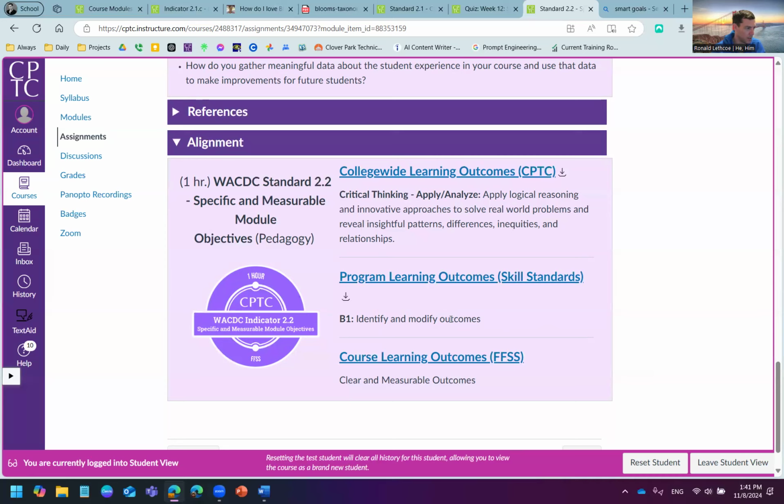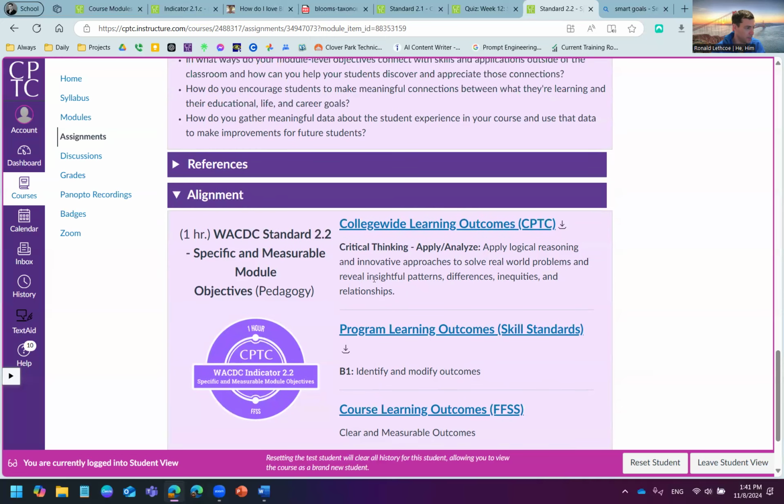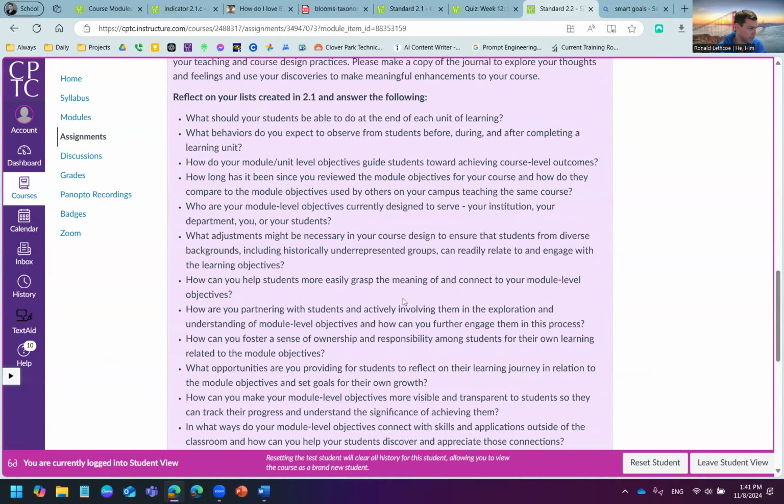Anything related to outcomes is skill standard B. I feel like we're analyzing right now together and thinking critically about how those relate to each other.